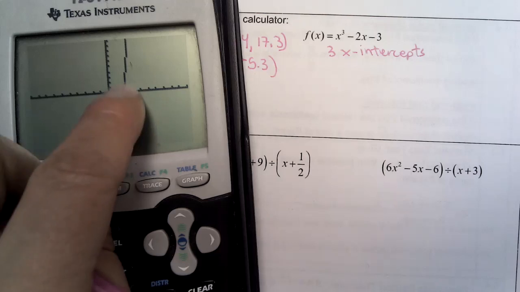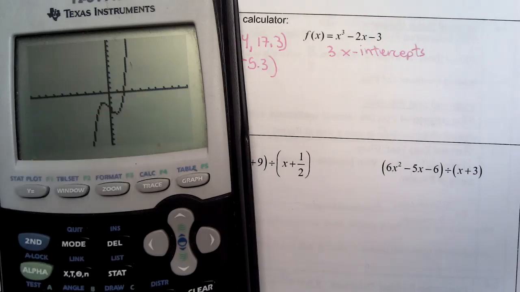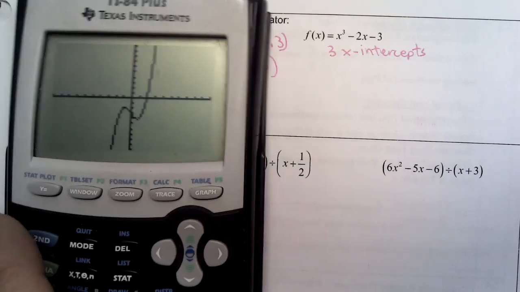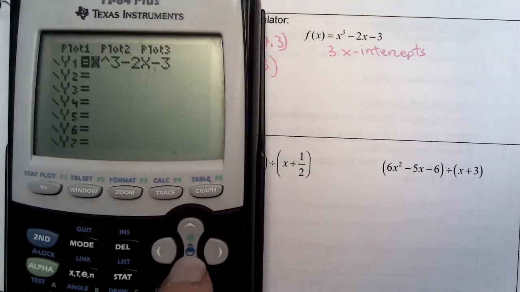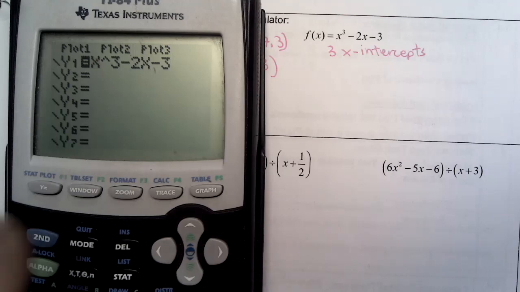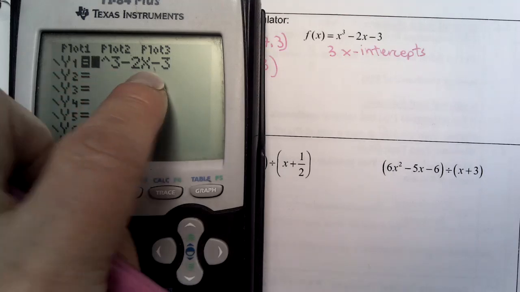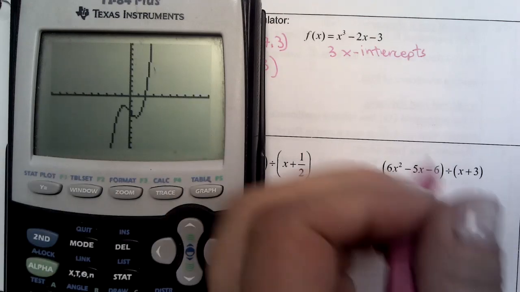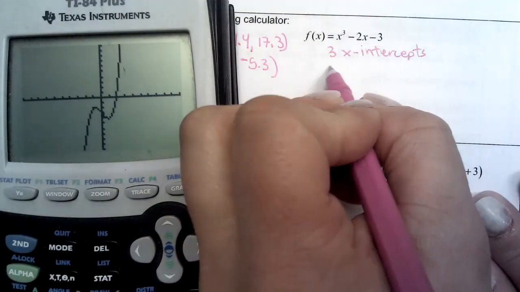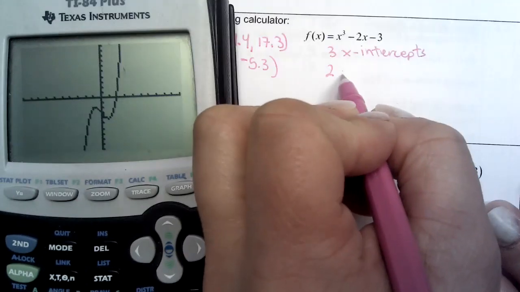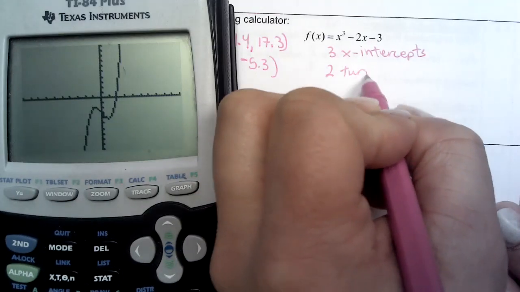So this one right here is probably a case of that. I'm just going to double check that I typed it in right: x to the third minus 2x minus 3. And then this one has 2 turning points at most.